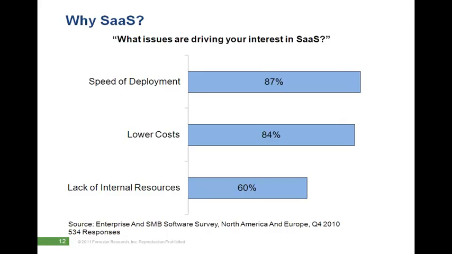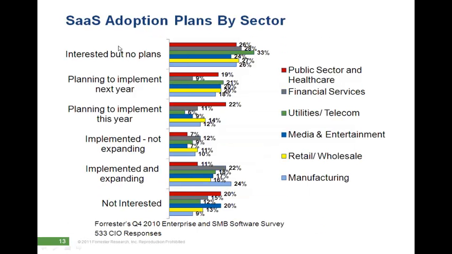Now we wanted to look at this by sector. So we show here SaaS adoption plans by sector, and the sectors we looked at were public sector and healthcare, financial services, utilities and telecom, media and entertainment, retail and wholesale, and manufacturing.